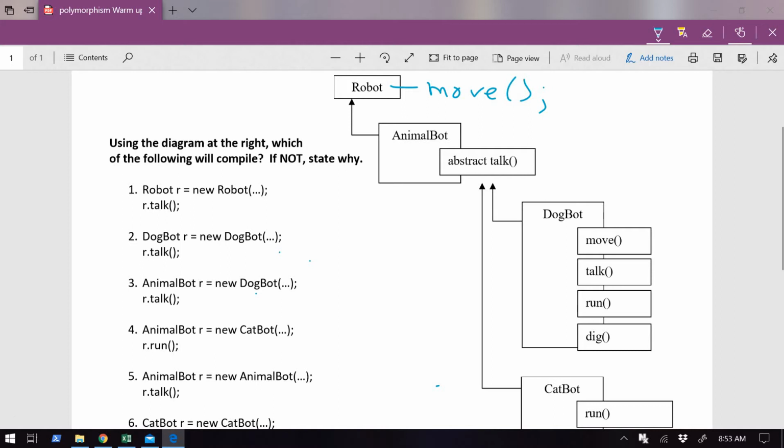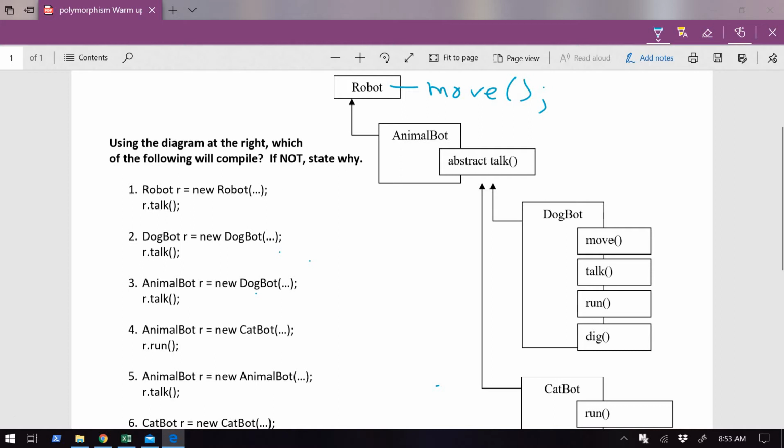In number 1, I've got a robot R reference pointing at a robot object. Let's look at what a robot can do. On the left side, its role is a robot, so the only thing a robot can do is move.